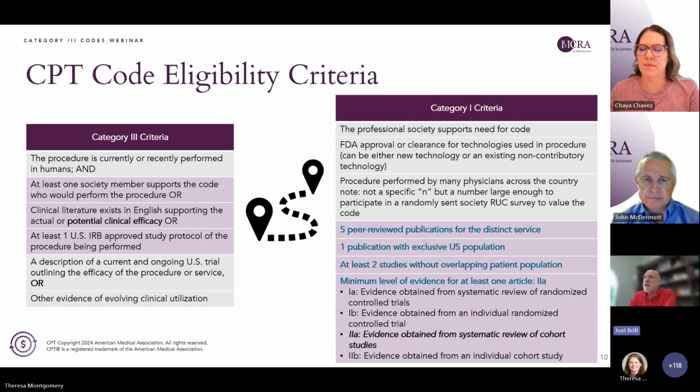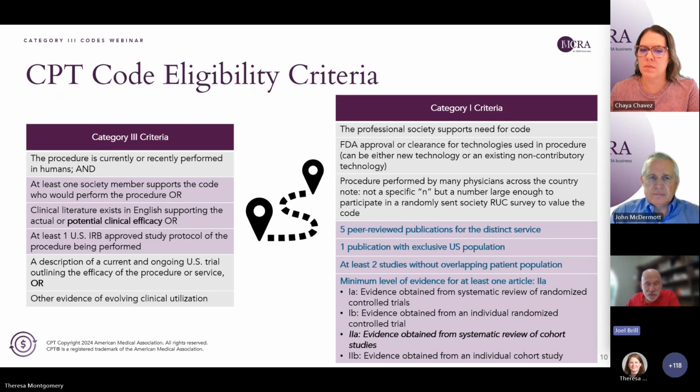Sure. So remember that for most specialty societies, you have staff members of that specialty society, and then you have physicians who are volunteers who are fitting in their job responsibilities to the society in addition to their day-to-day clinical responsibilities. So the specialty society's timeline might not necessarily be your timeline.